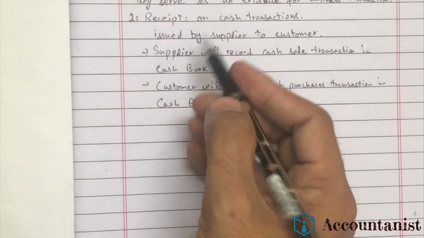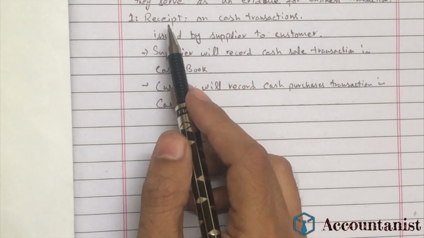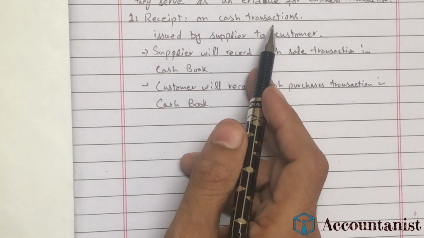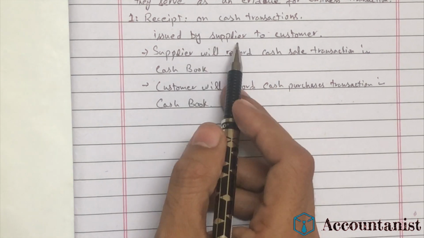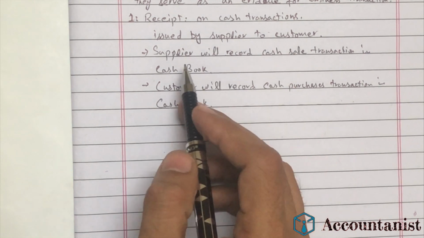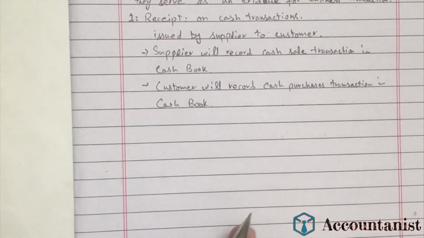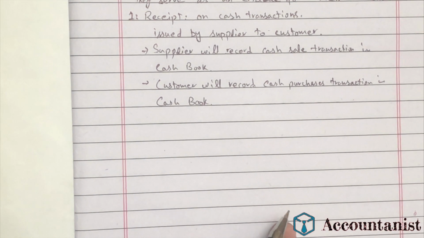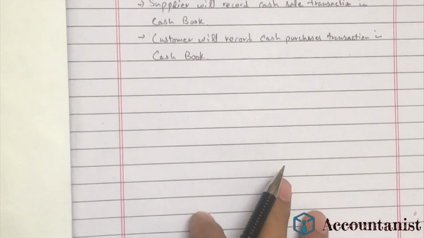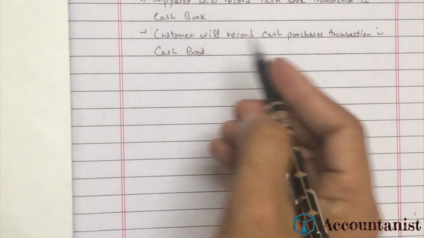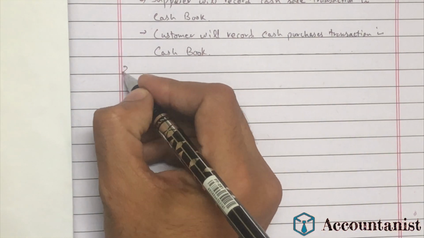So the first document is the receipt. It's on cash transactions, issued by the supplier to the customer. The supplier will record the cash sales transaction in the cash book, and the customer will record the cash purchases transaction in the cash book.